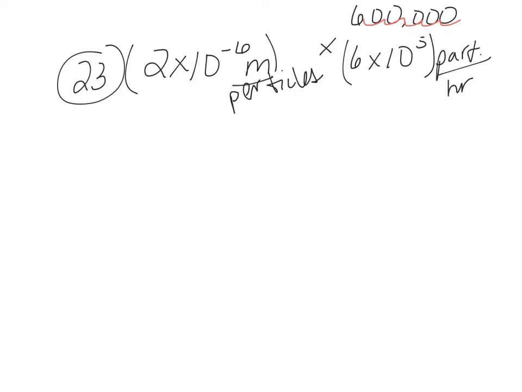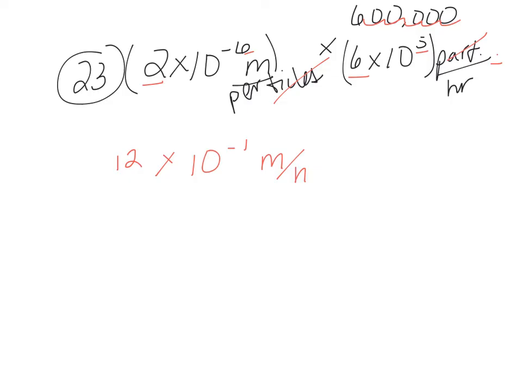And so now my particles cancel, and I'm going to multiply 2 times 6, which is 12, and I'm going to add the exponents. Negative 6 plus 5 gives me 10 to the negative first, and this is meters per hour.